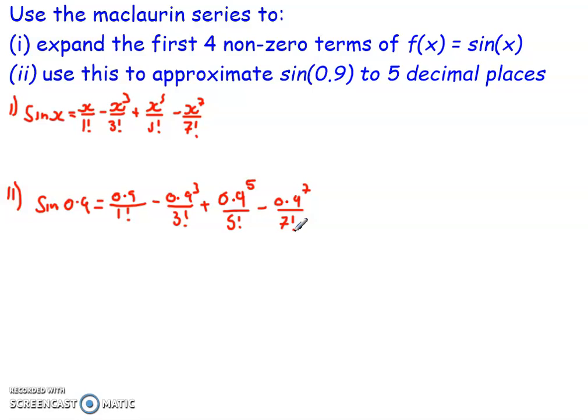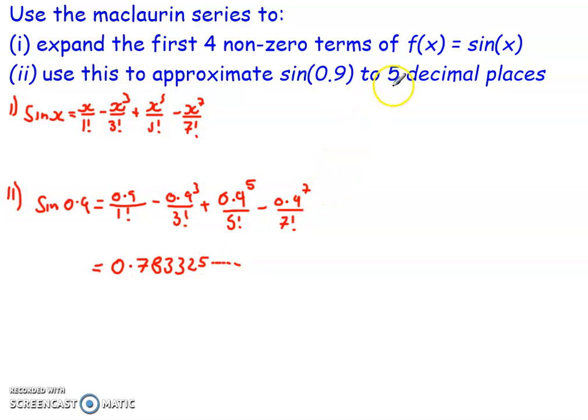Now this is one of those lovely ones where you can just simply fire that into a calculator and see what you get. And when you do that, what comes up on the screen is 0.783325, and then it continues on and on.